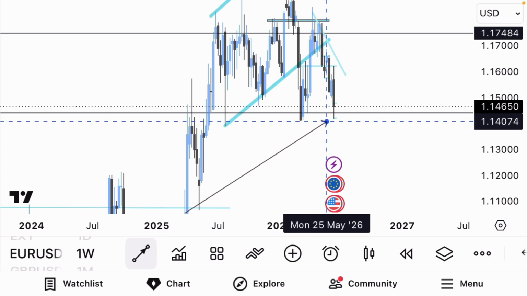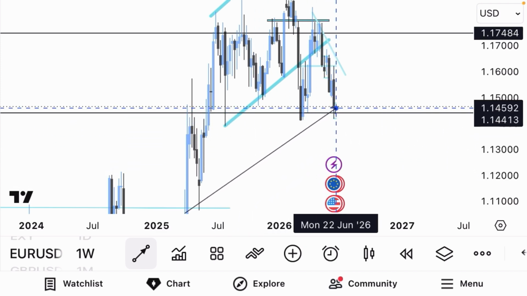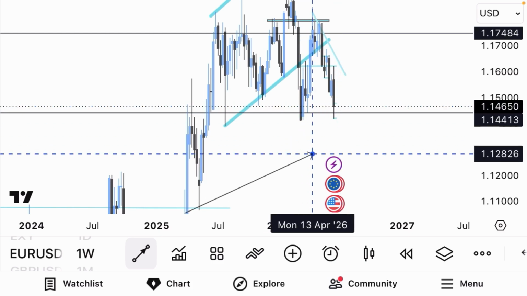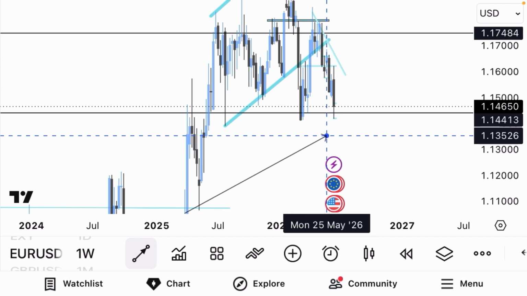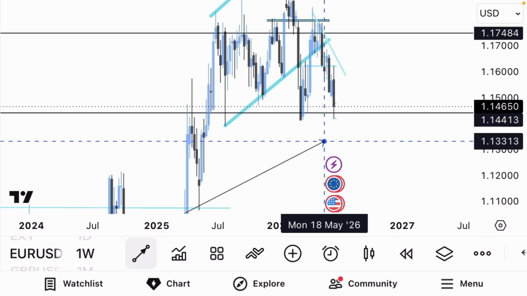What happened last week is that we came in below this level and closed above this level. That is a very strong indication that we need to consider while looking at trading opportunities for Euro USD going into next week.